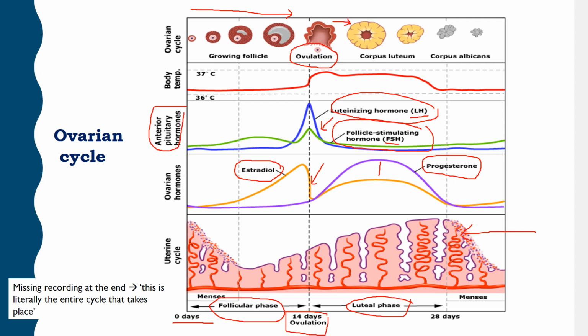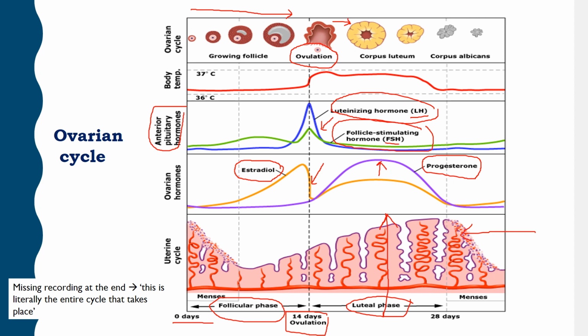As you can see, when your progesterone levels are high, your endometrium is also much thicker. This relates back to the function of your endometrium, where it has to be thick enough and ready enough to receive the fertilized ovum.